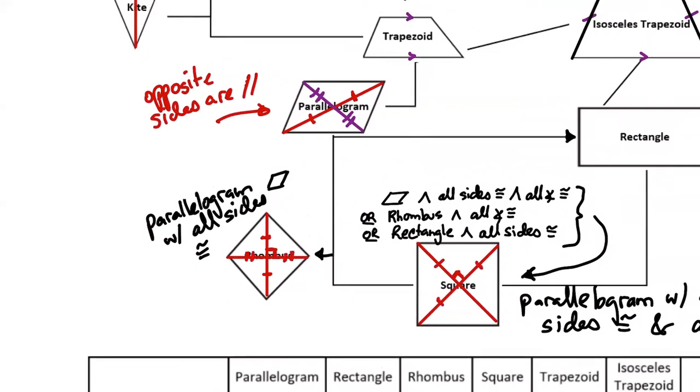But in the case of the square, if those two line segments are congruent in length to begin with, the two diagonals, when you split them in half, then all four of these line segments are going to be congruent in length. Okay? And so what we just showed is that these four triangles, 1, 2, 3, and 4, are congruent by SAS. Right? We'd have a side, angle, and another side. All four of these triangles will be congruent to one another.